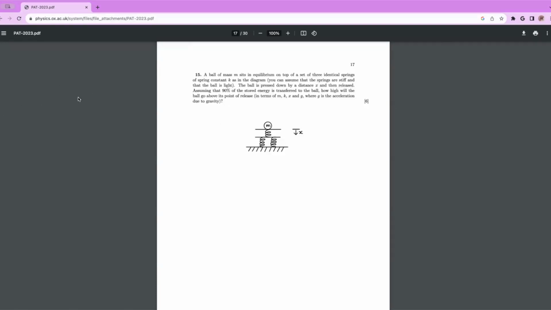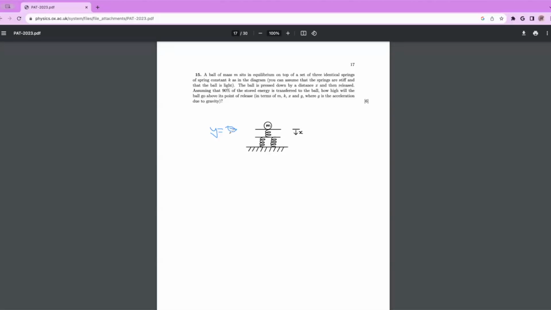So this is going to involve conservation of energy. K, M, K, X, and G, where G is the acceleration. If we consider this to be y equals 0, then we have no gravitational energy to consider initially.